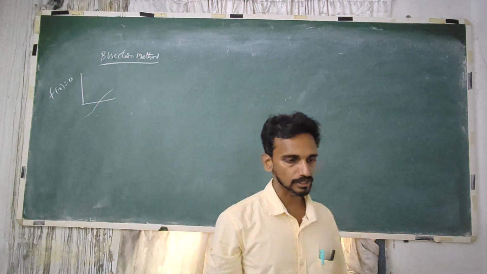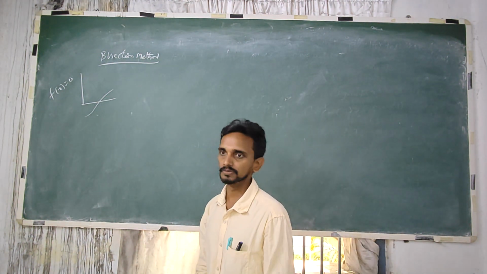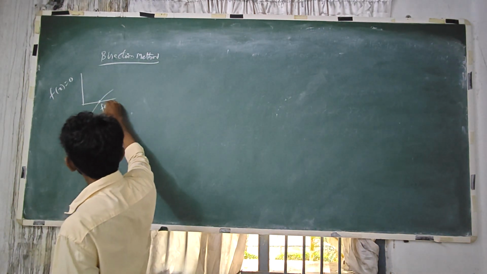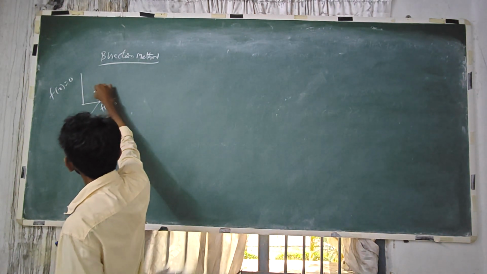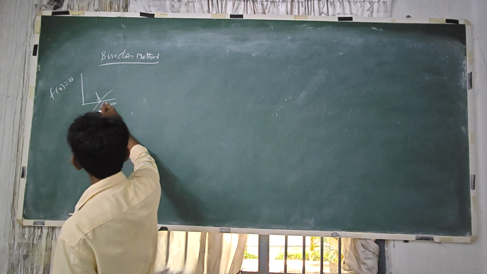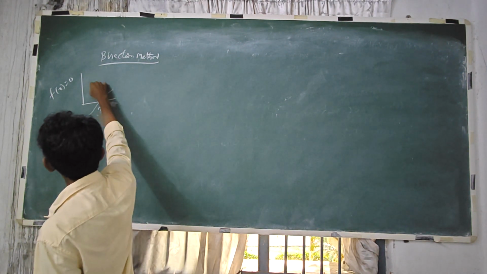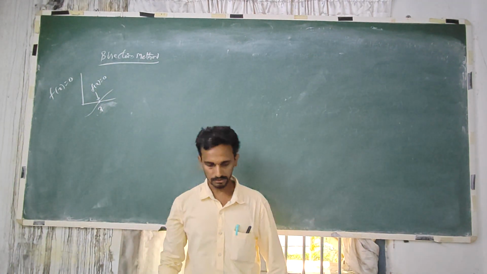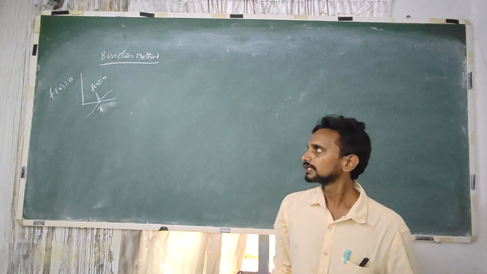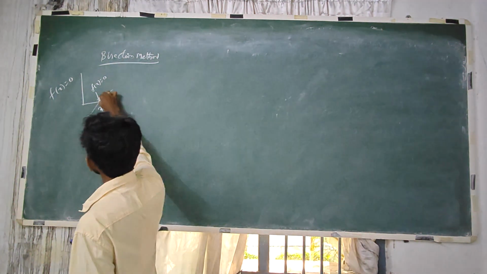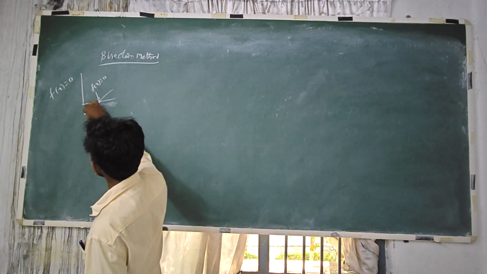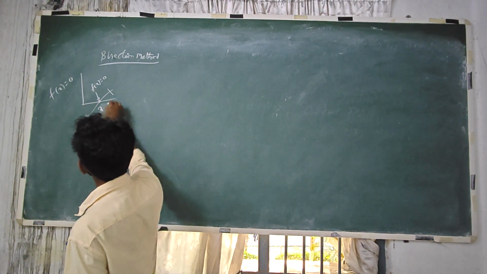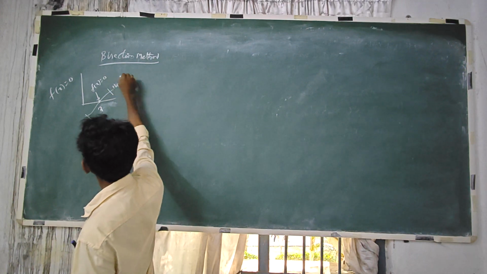That means you need to identify the location of x where the function becomes 0, where f of x is equal to 0. The simple observation is that the value of the function will be negative and positive on either side of the solution.